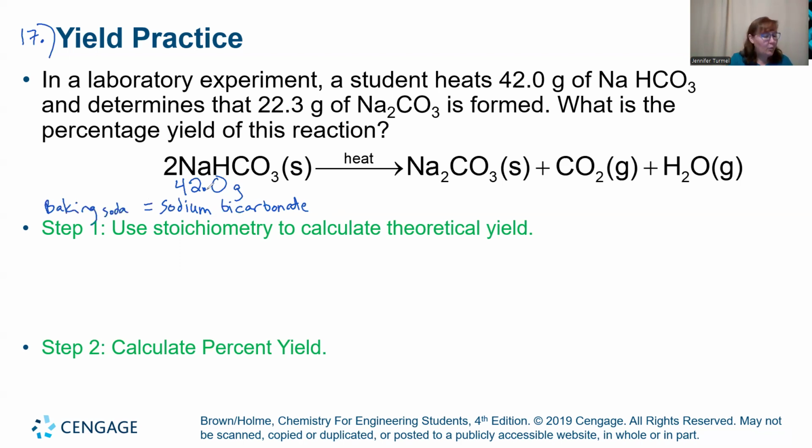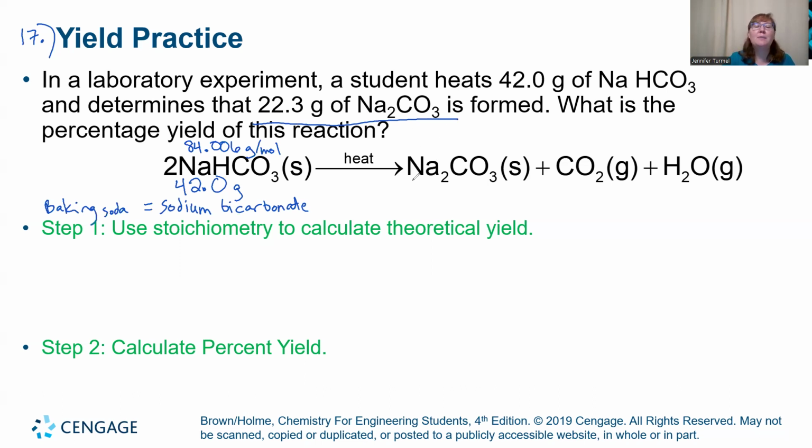All right. Now we know from our work before that we're going to need a molar mass for this. And for this sodium bicarb, our molar mass is 84.006 grams per mole. Okay. And what we want to know here is it says we determine that 22.3 grams of sodium carbonate is formed.